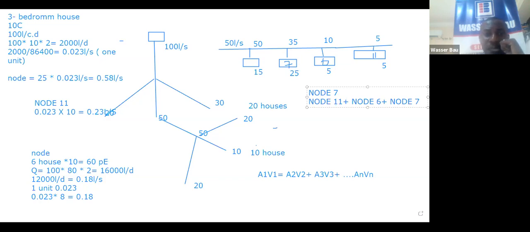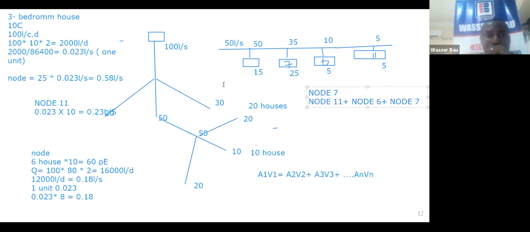Engineer Ezugu asks: if a particular node has water demand more than the other nodes attached to it, what will be the pipe size? We'll come to that. Let's not jump the gun. That's a good question.